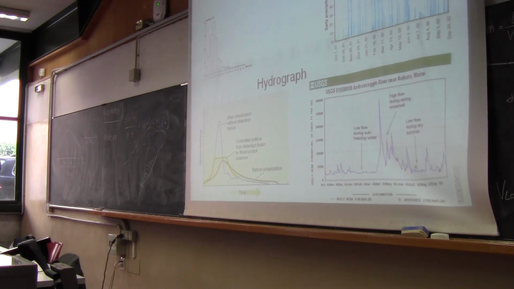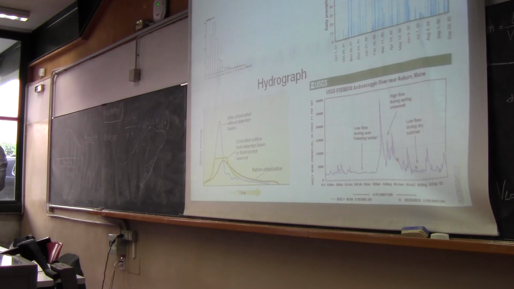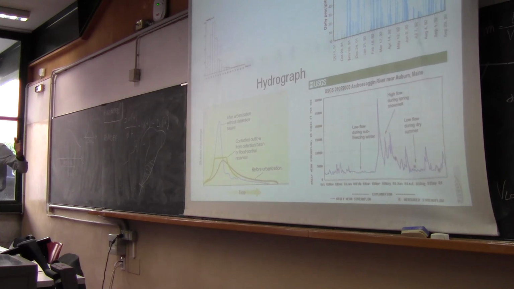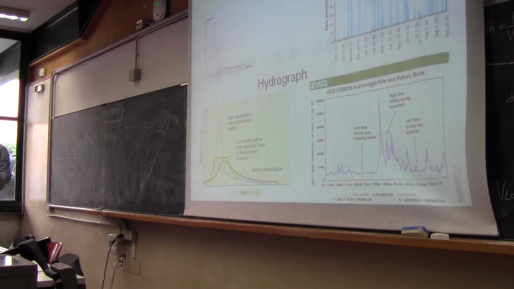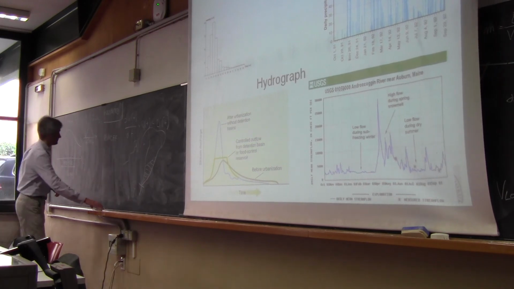I say again, you will notice that the contribution per unit area of the catchment to the flood flow for a big catchment is much, much lower than the contribution per unit area of a smaller catchment. I give you an example.